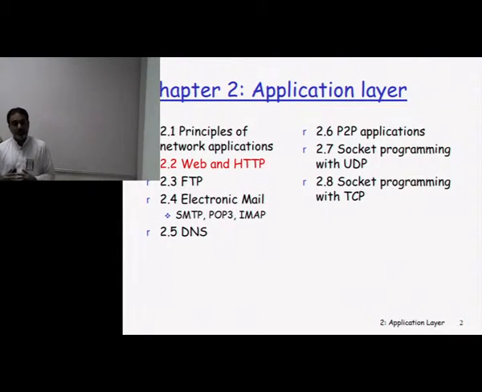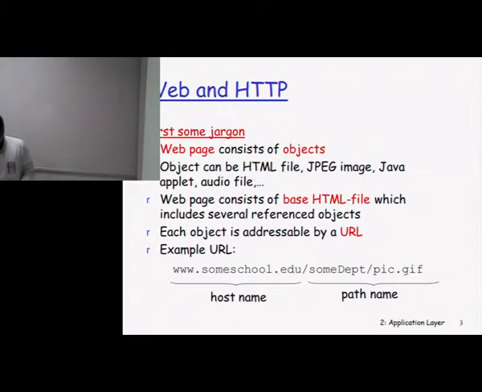Clear? That we are going to look into today. A web page basically consists of different objects. An object can be an HTML file, a JPEG image, a Java applet, a small video animation, an audio file, or some static text written on the page.